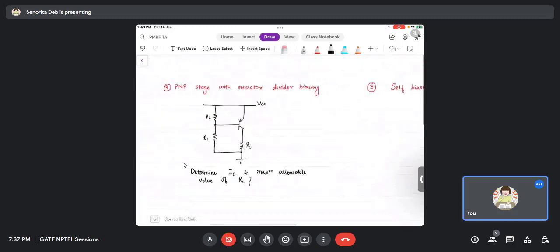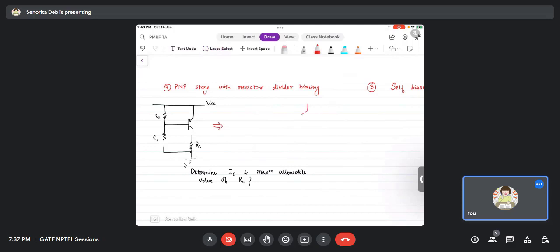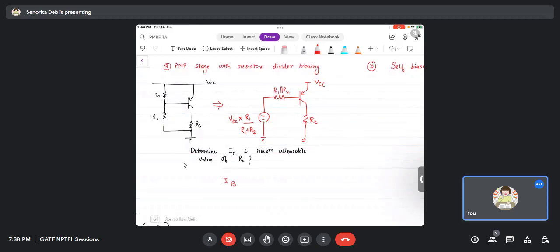So the Thevenin equivalence of this circuit, and therefore IB is equal to VCC minus VThevenin minus VEB upon RThevenin.